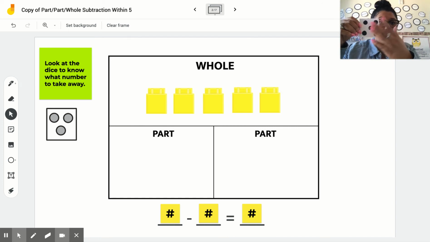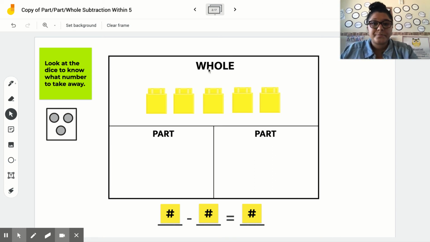We can touch and count how many are there. The dots tell us how many there are. In this instance, if we see this die here, we can see there are 1, 2, 3 dots. That means we're going to take away 3 from our equation.